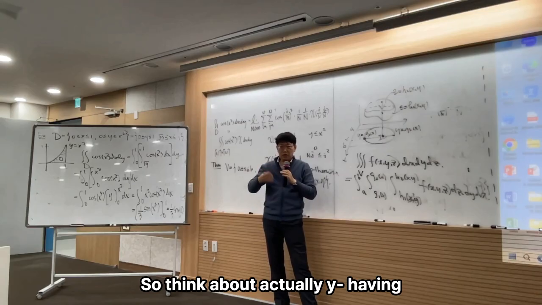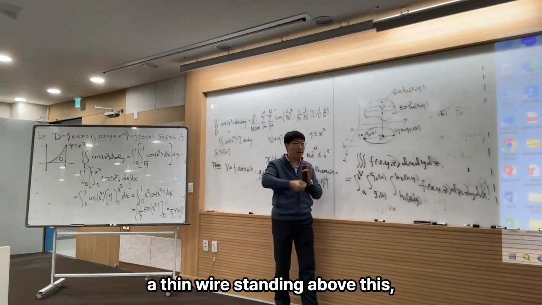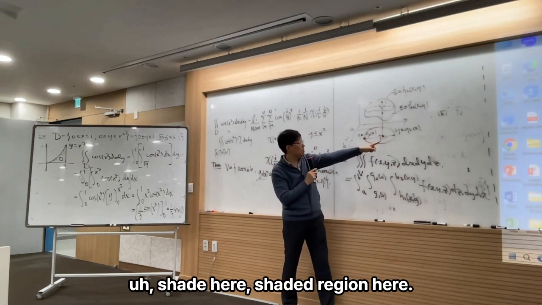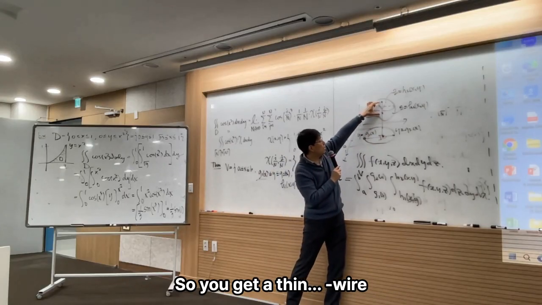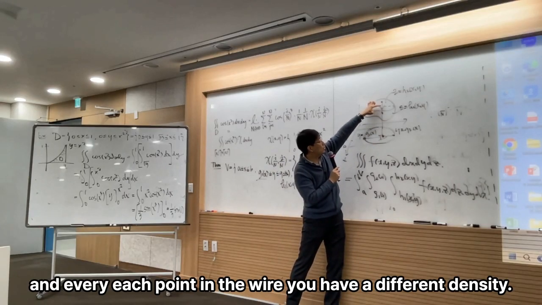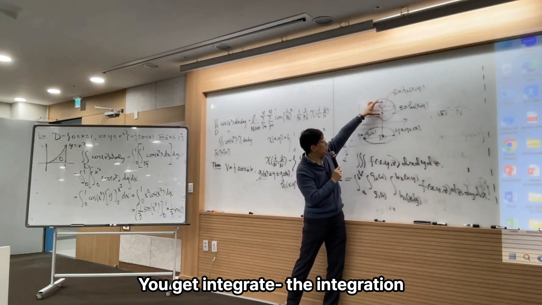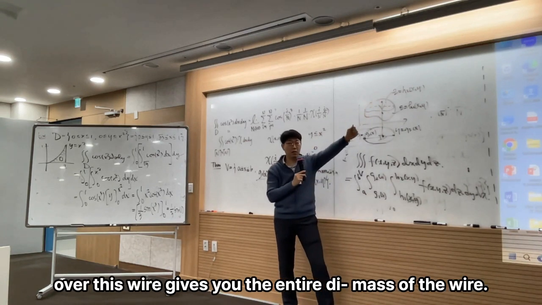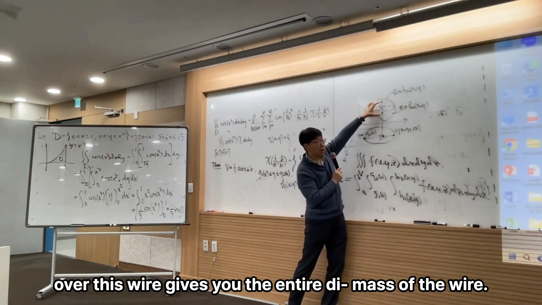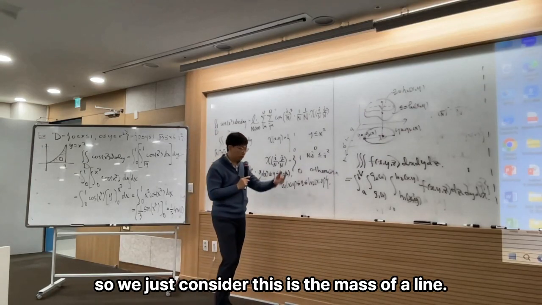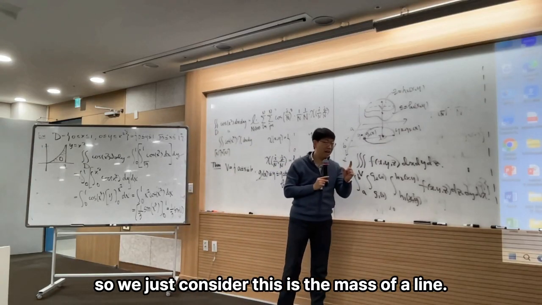So think about having a thin wire standing above this shaded region here. Each point in the wire has a different density. The integration over this wire gives you the entire mass of the wire. Here there's no physical thickness, so we just consider this the mass of a line.